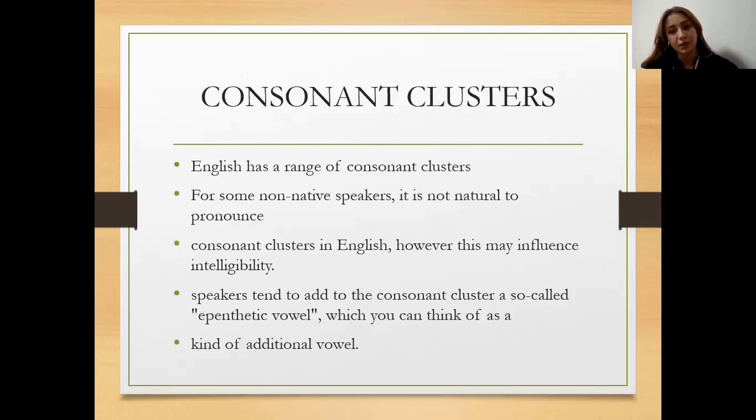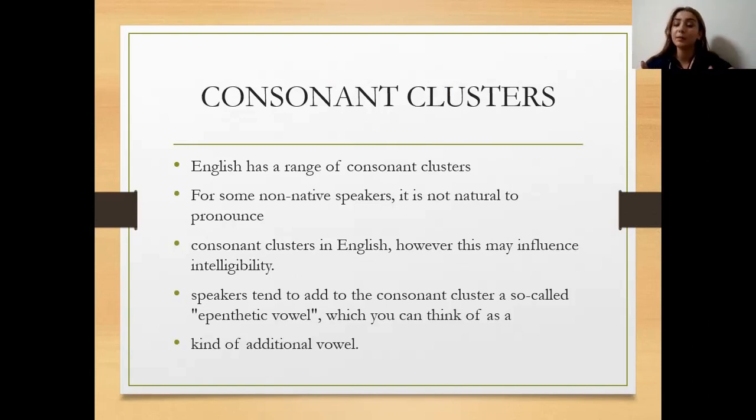And consonant clusters. English has a range of consonant clusters. For some non-native speakers, it is not natural to pronounce them. This may influence intelligibility, so it's natural to not pronounce them, but it can affect your intelligibility.